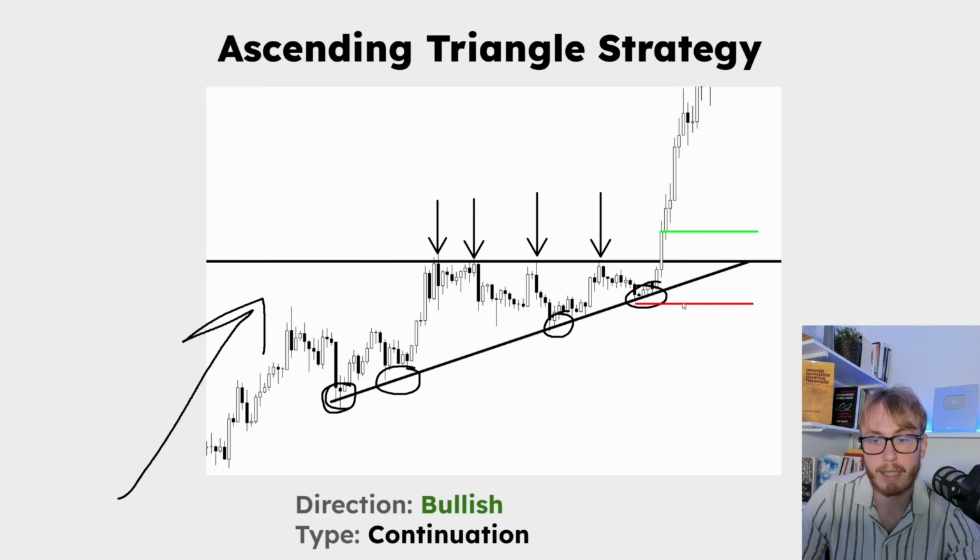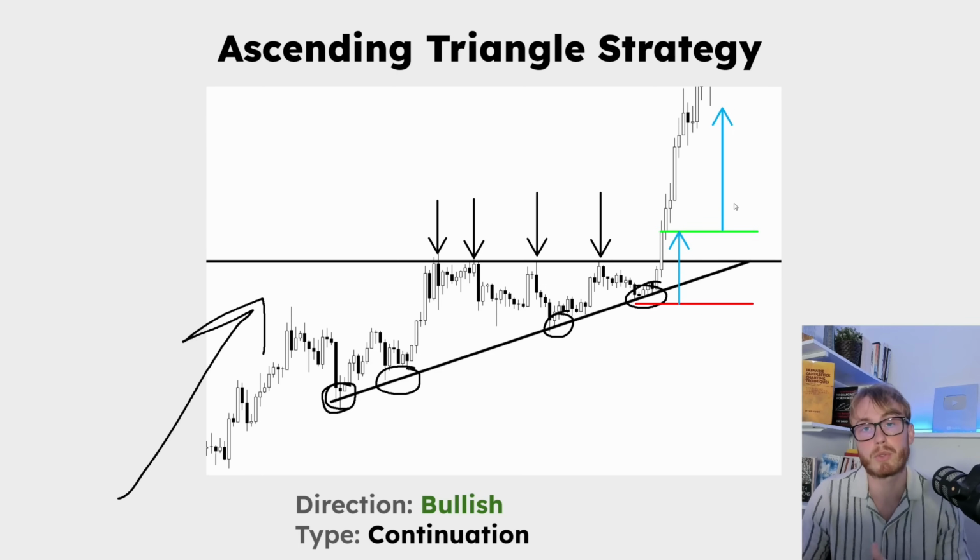And as for your target level, what we usually do is measure the length from the stop loss to the target, and we use a fixed risk to reward ratio, such as 2-to-1. But you can also use the ATR indicator to adjust your stop loss based on the market volatility.